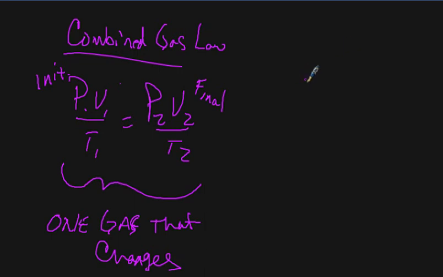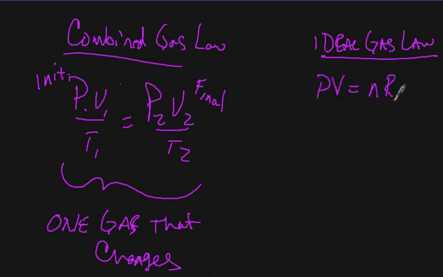If we're just trying to figure out one of the variables of our gas, then we use the ideal gas law. The ideal gas law, PV = nRT, has to deal with status, which is a Latin-ish word that is similar to static.